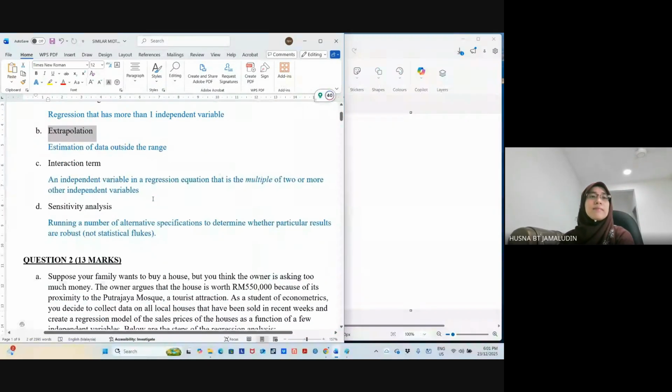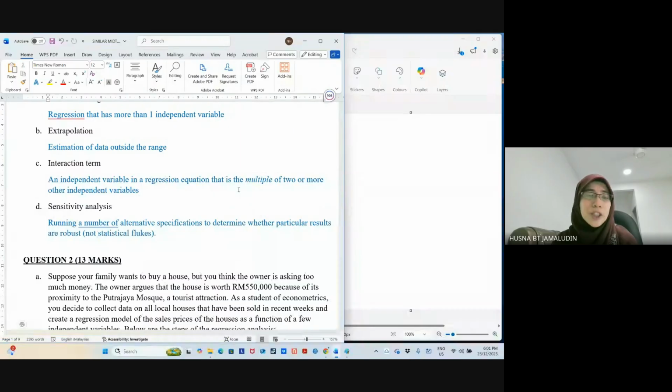Interaction term. You have learned this, right? It is an independent variable in your regression equation that is a product of 2 or more other independent variables. This is the definition given by the textbook, but basically an interaction term means you have 2 or more variables that interact with each other.